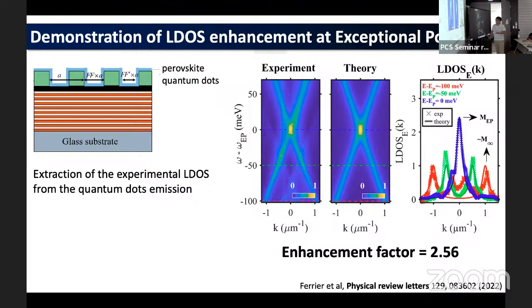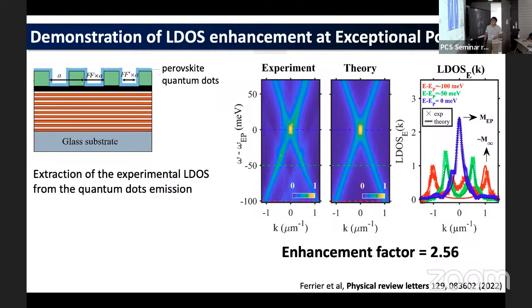So at that time we were happy, but the enhancement factor here is smaller than what the theoretical limit predicted, which goes to 4. And you might ask me why we don't see the splitting that I showed you before. We see some kind of very bright dots. So where are my 2 exceptional points?